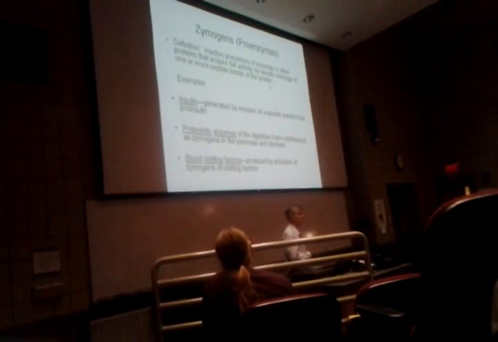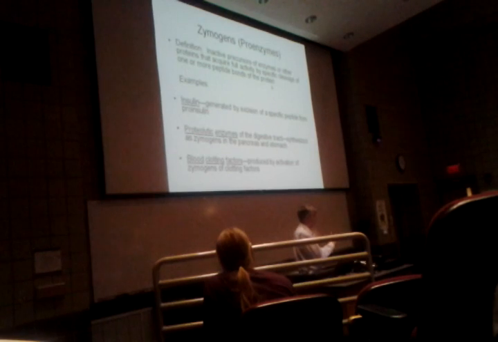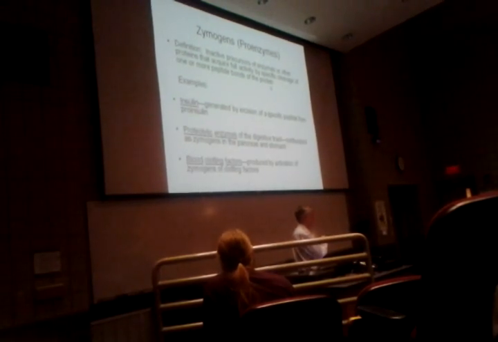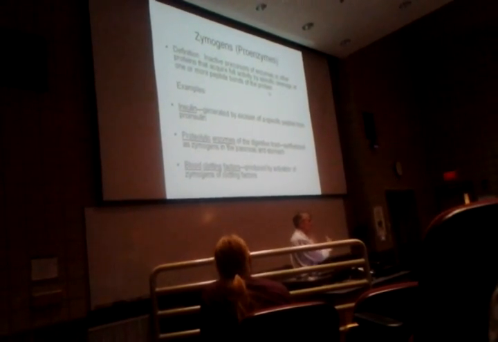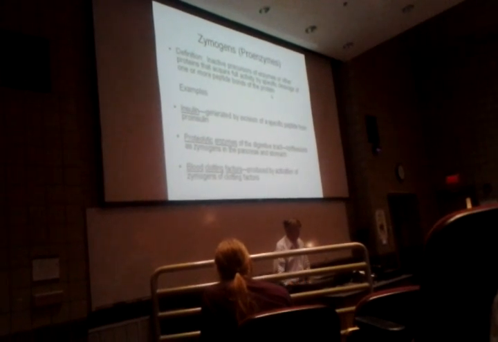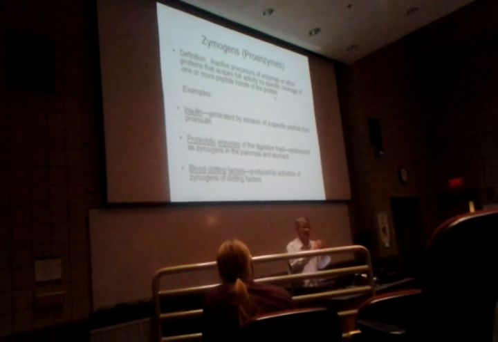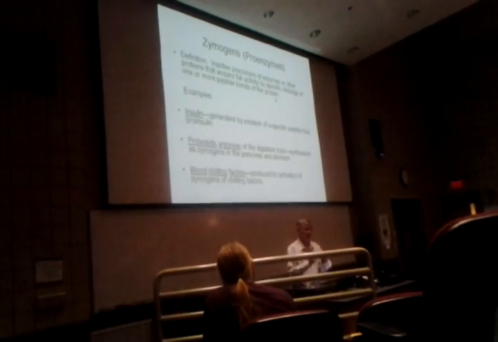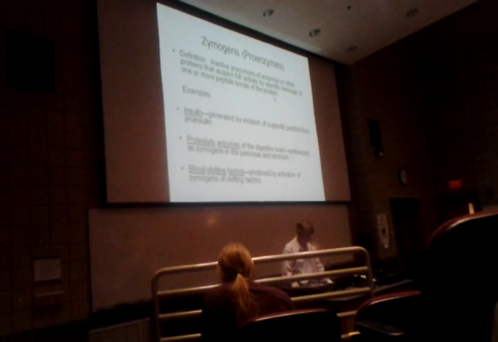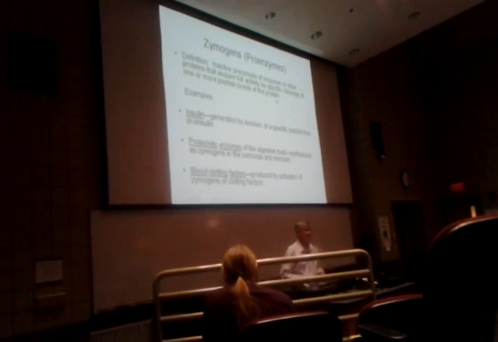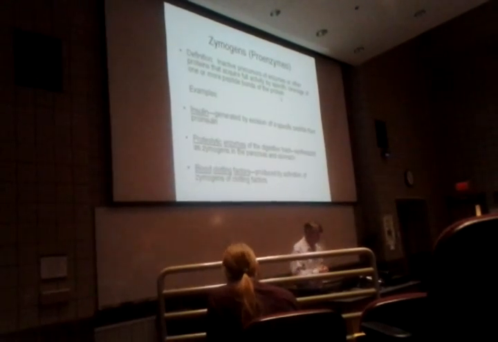Now that's an odd thing to do, partially break down a polypeptide chain in order to activate the enzyme. But as we'll be seeing, what it does do is really uncover the active site and give you the active enzyme. Well, let's consider examples to see what this is all about.